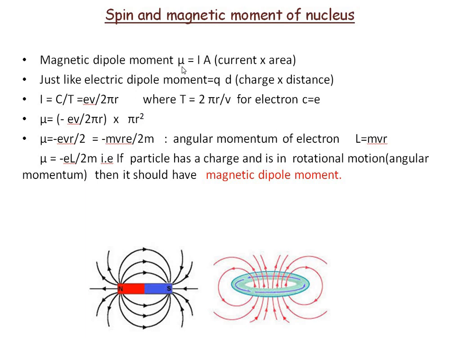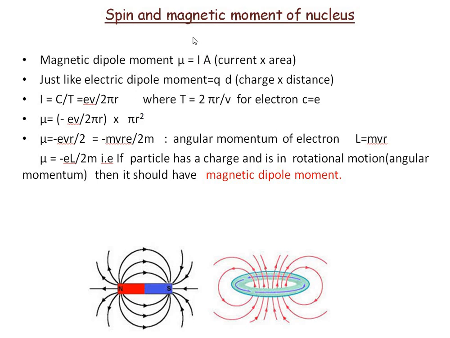It has magnetic moment mu equal to I into A. In the electric dipole, we have charge q into displacement d. Here instead of q we have I, the current, and instead of d we have the area A. So the magnetic dipole moment mu is equal to I into A.